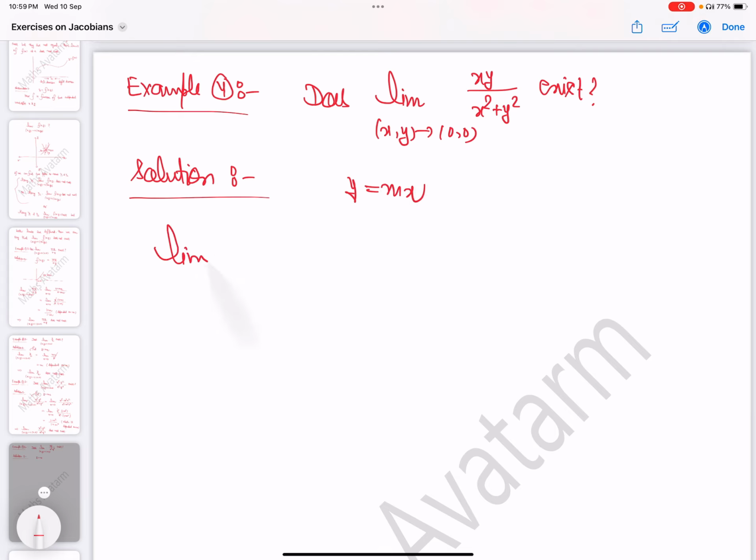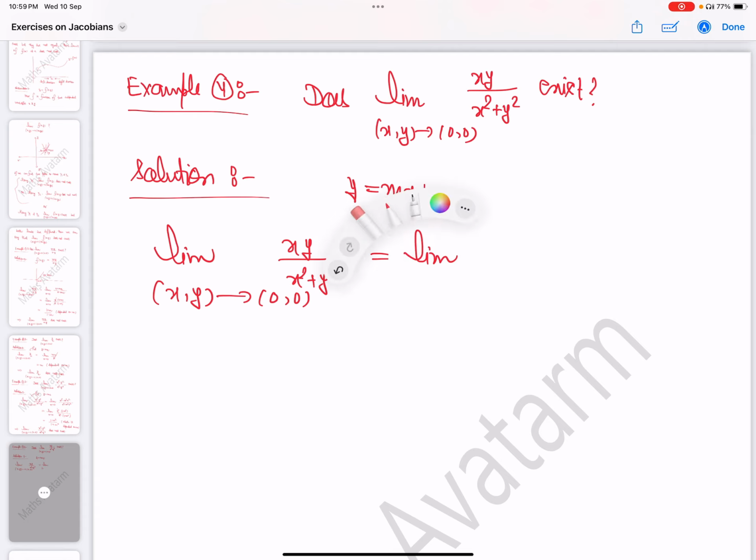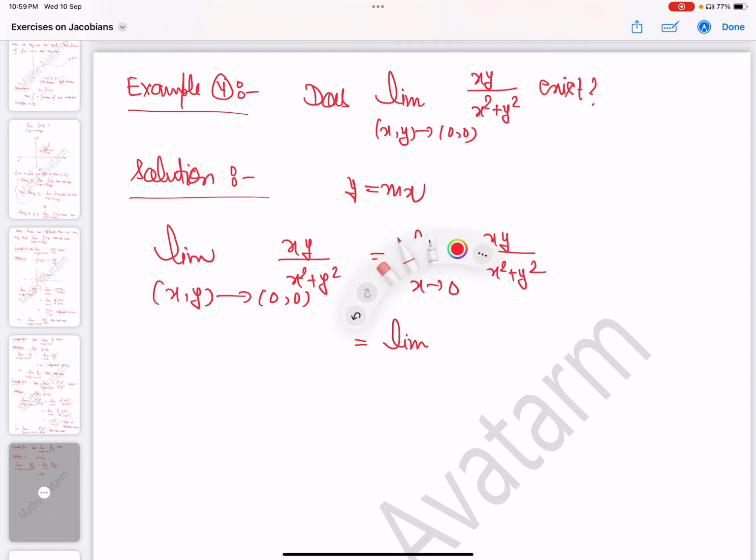So the limit (x, y) tending to (0, 0) of xy upon (x square plus y square) becomes the limit x tending to 0 of x times mx upon (x square plus m square x square).